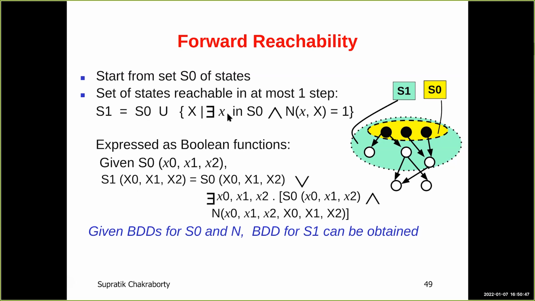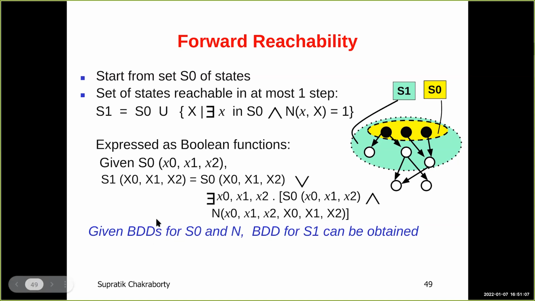And I don't want to talk about the specific little x. I just say that there exists some little x. There exists some black state from which I can come to this white state using this N transition relation. So I want to existentially quantify out these small x variables.